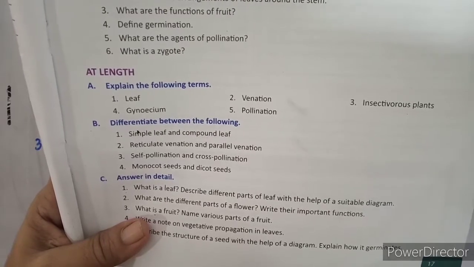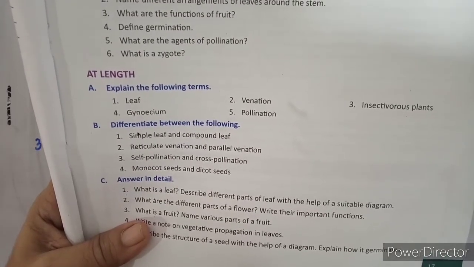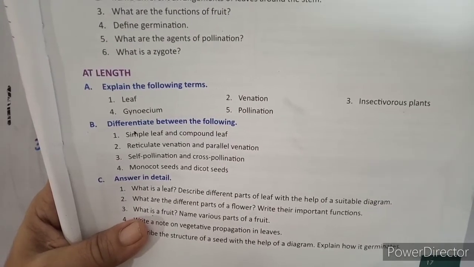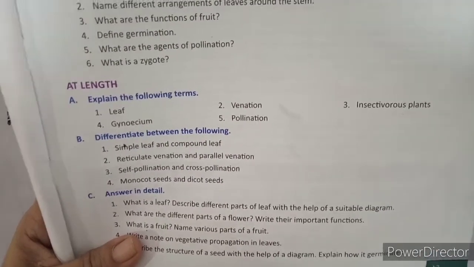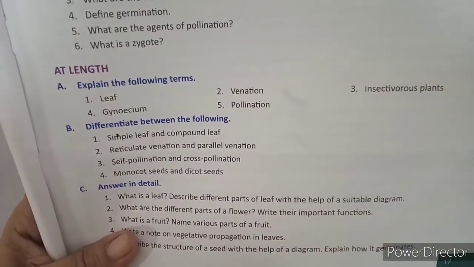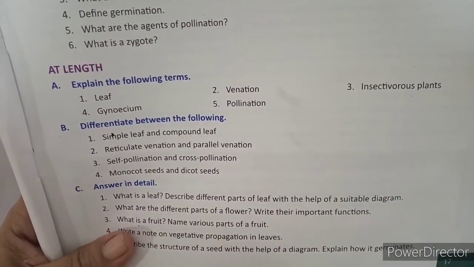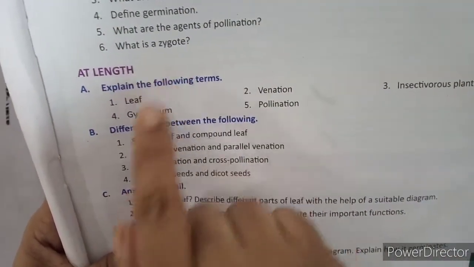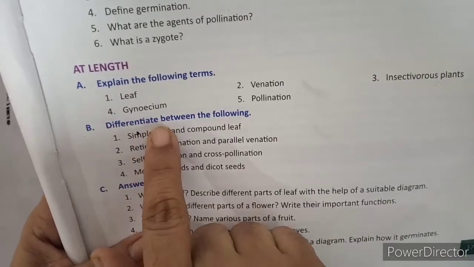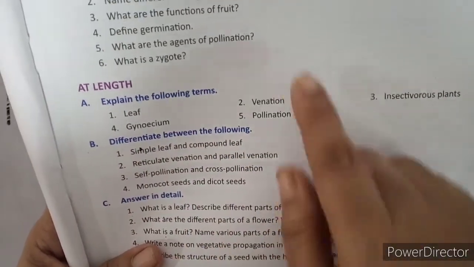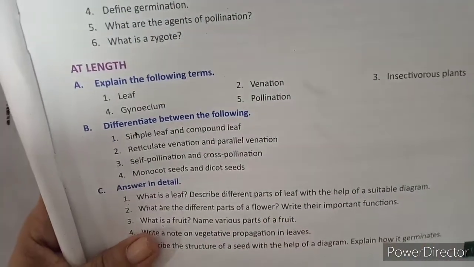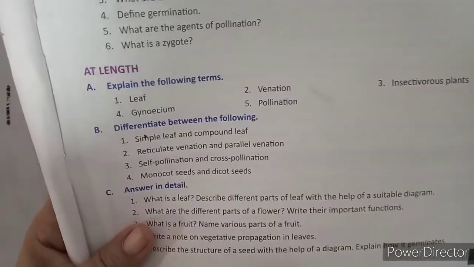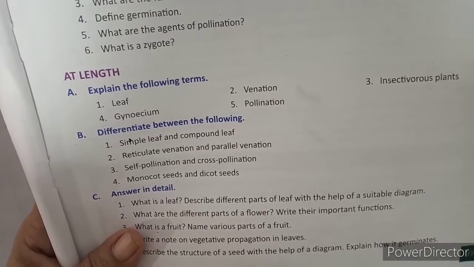In the previous video I told you that I will give you the difference between the following in writing. So today I am going to give the difference, that is page number 17, question at length, B part, differentiate between the following, and the rest of the questions we have done in our previous video. So please write down the difference.